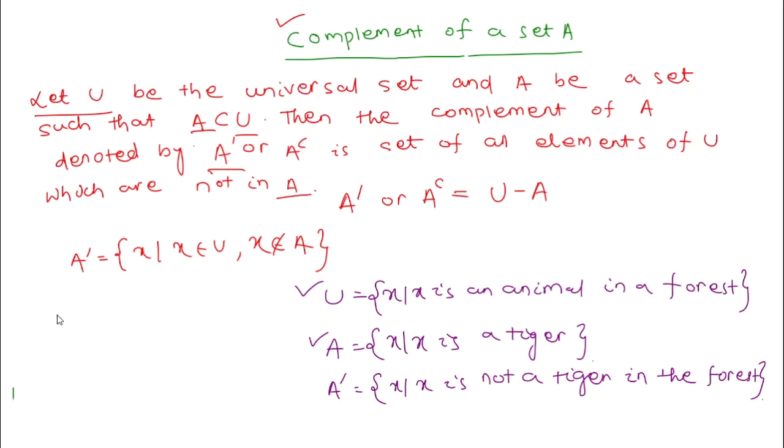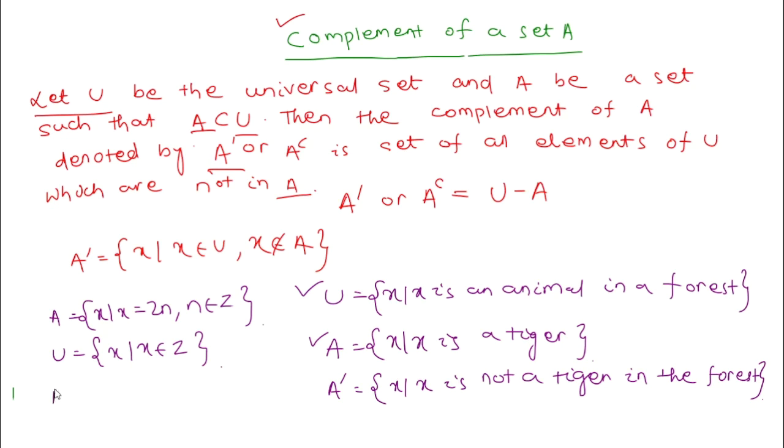If I take another example, let A equal the set of all even integers. Then in this case the universal set is the set of all integers. What will be the set A complement?